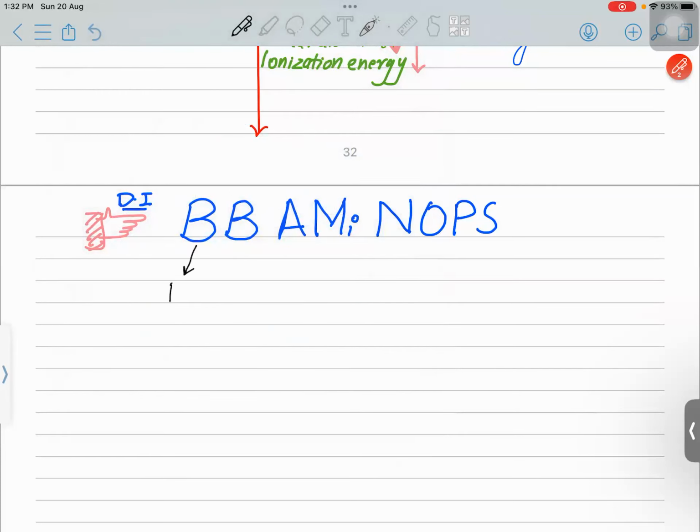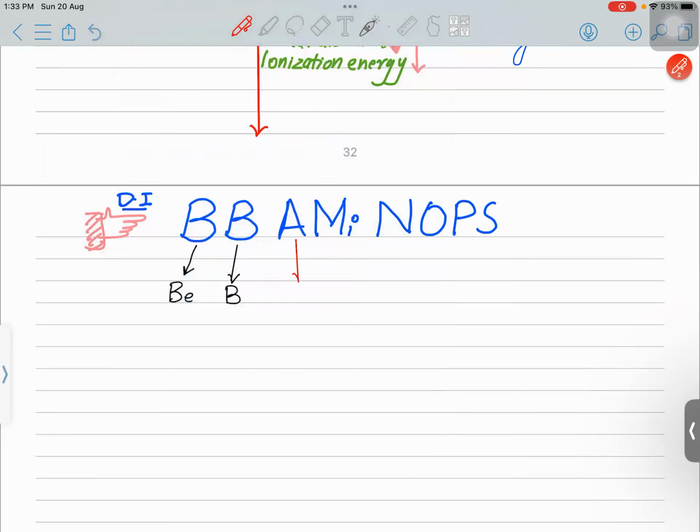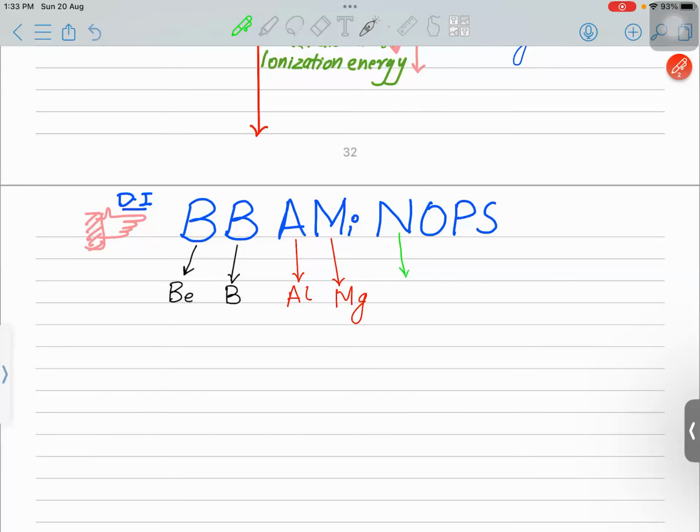B means beryllium and this B means boron. A for aluminium, M for magnesium. Next, this is nitrogen, this is oxygen.